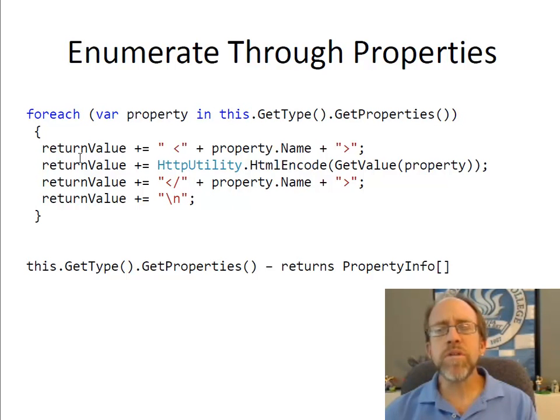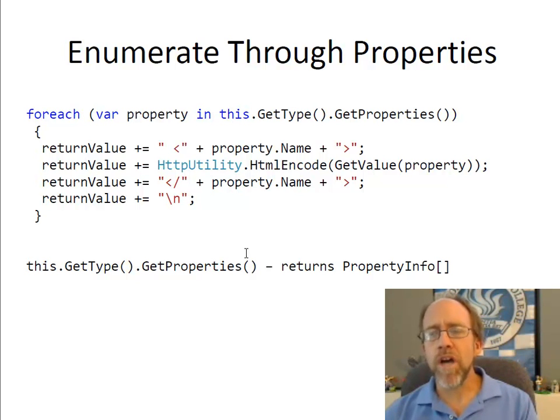Here, all I do is construct an XML string. I don't have to worry about any special encoding of the property names because I use very straightforward names. But I do have to worry about HTML encoding the values of the property. The important thing here is that GetType().GetProperties returns an array of PropertyInfo objects, and those PropertyInfo objects contain everything I need to correctly encode these things.